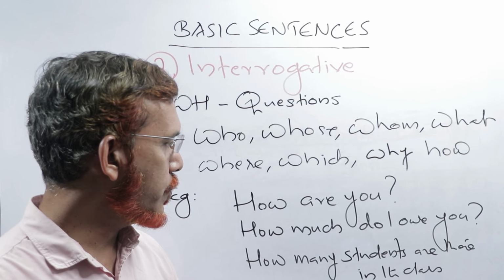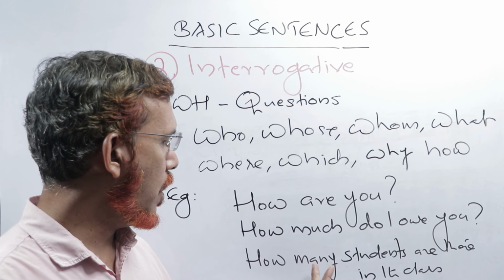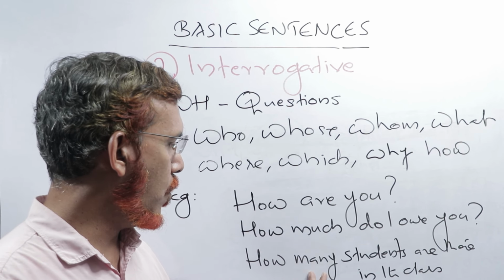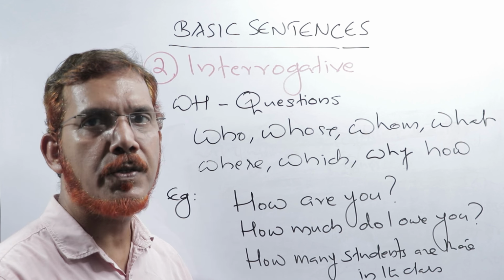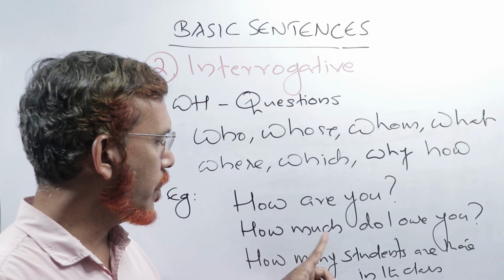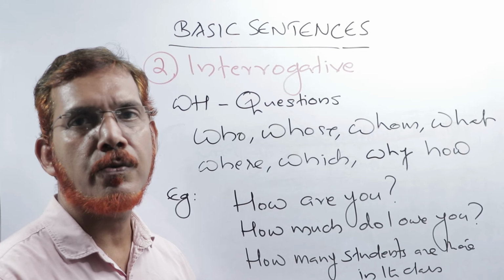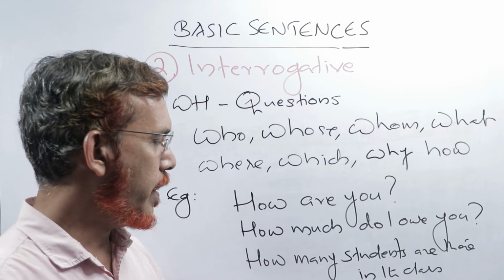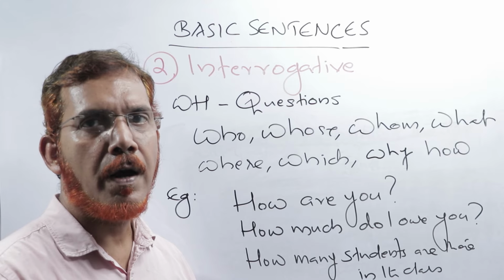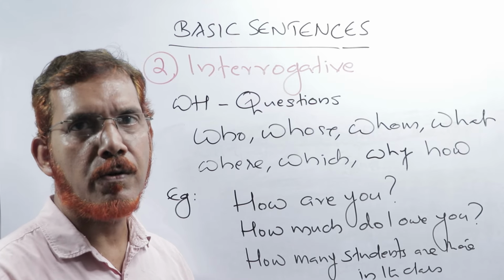How many students are there in the class? How much and how many? What's the difference between how much and how many? How much is used before uncountable nouns, and how many is used before countable nouns.